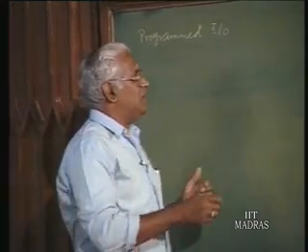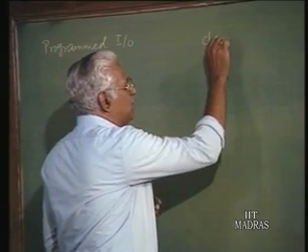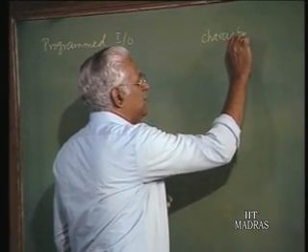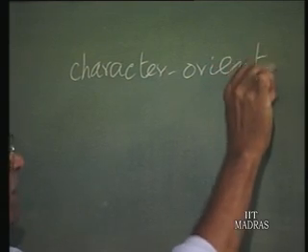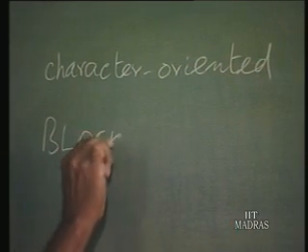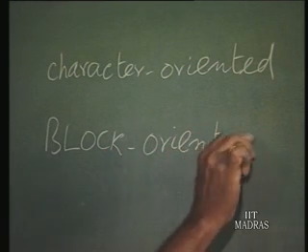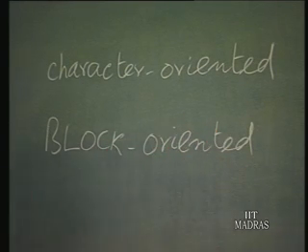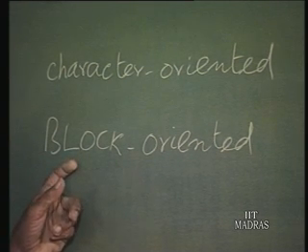that is generally how we talk about it: a device may be a character oriented or a block oriented device. Okay, there are two types of devices, character oriented or block oriented. The block oriented device is the kind of device that we had come across already in the DMA.